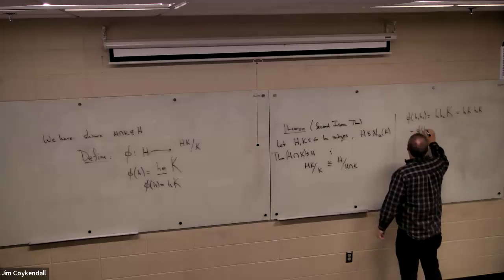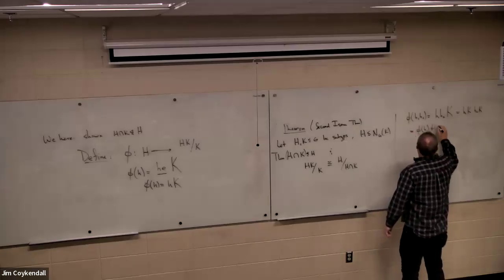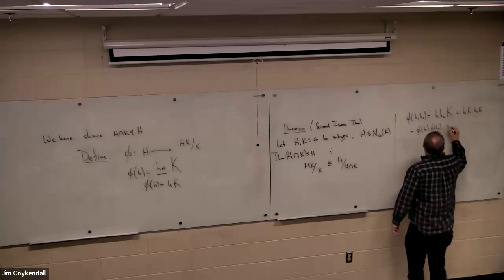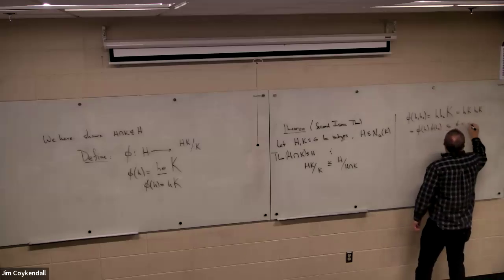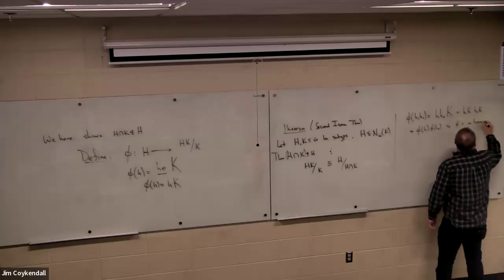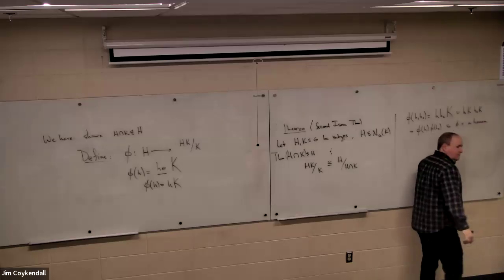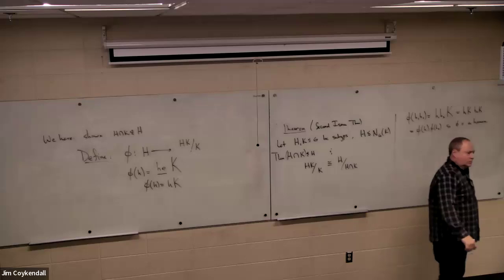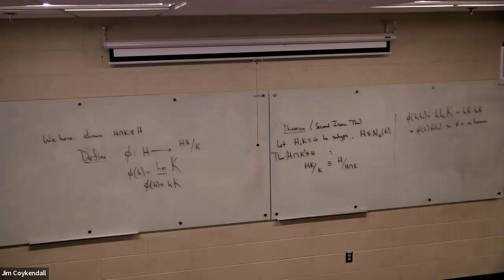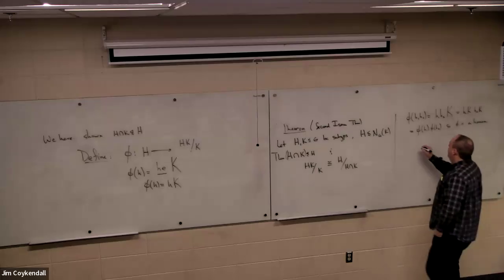And this is phi of H1, phi of H2. So phi is a homomorphism. Now, what may be a little bit less than clear is that this is onto, but it is.